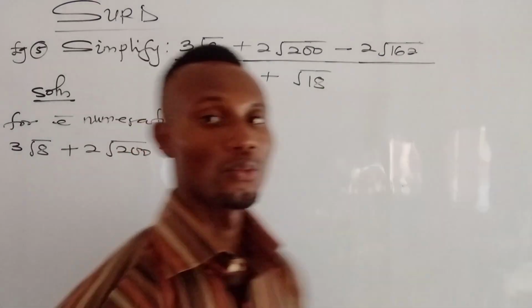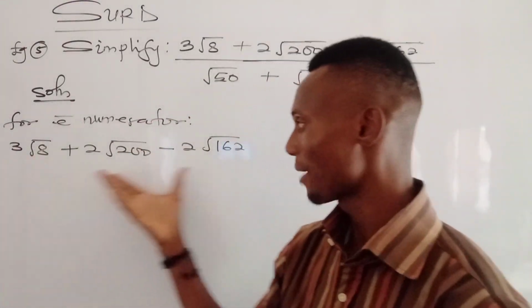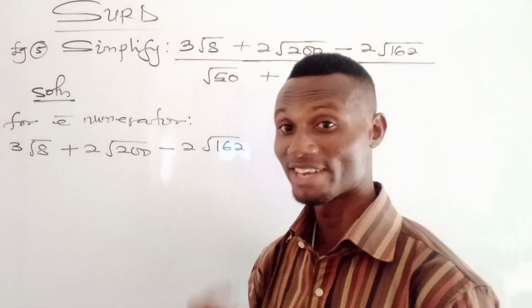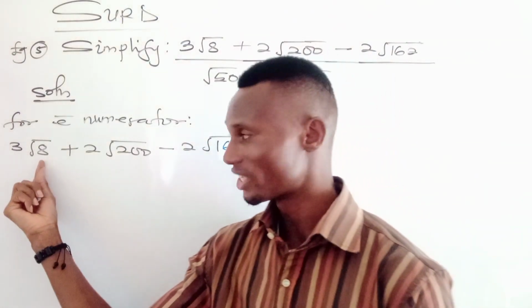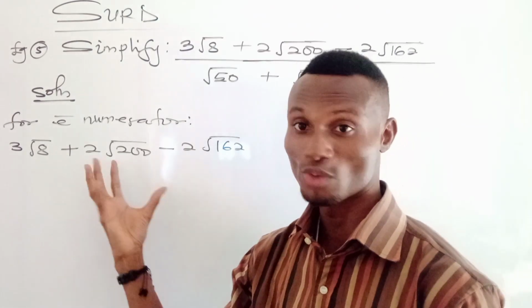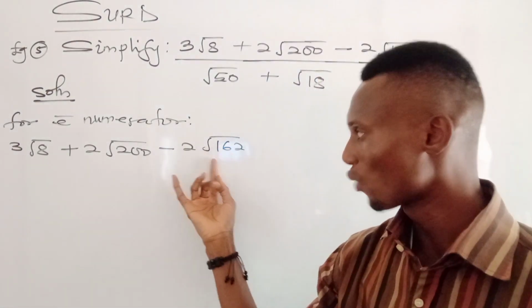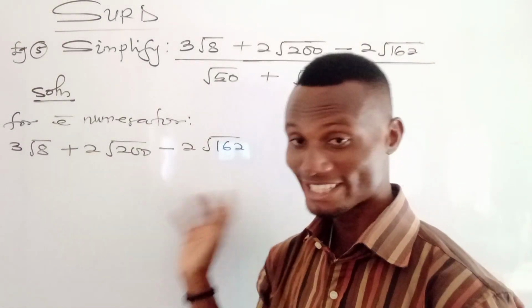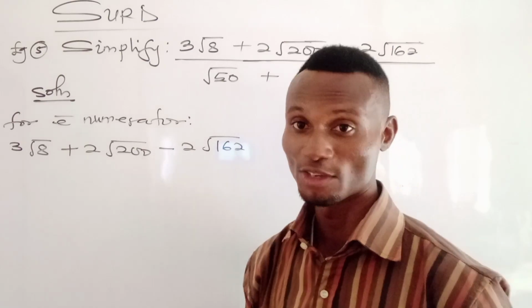Now we are going to simplify each term that we have here, using the knowledge that we have on simplification of SED. This root 8 we can simplify, this root 200 we can simplify, and this root 162 we can also simplify. So we simplify each term, then after that we put everything together.